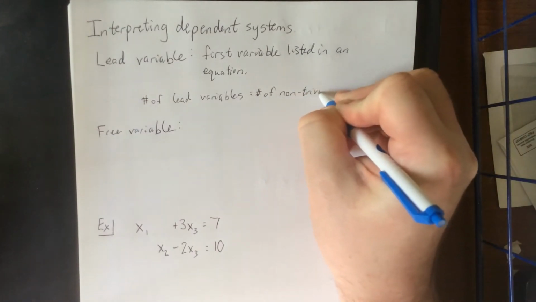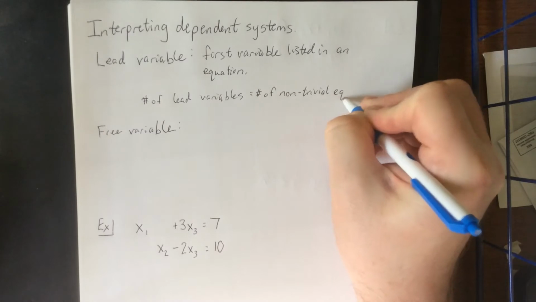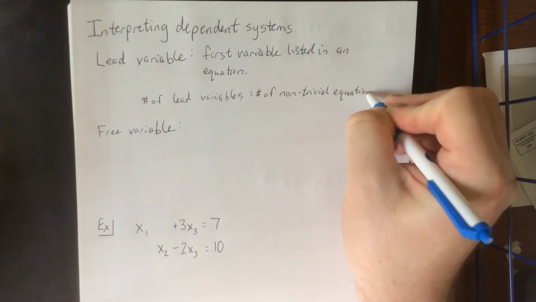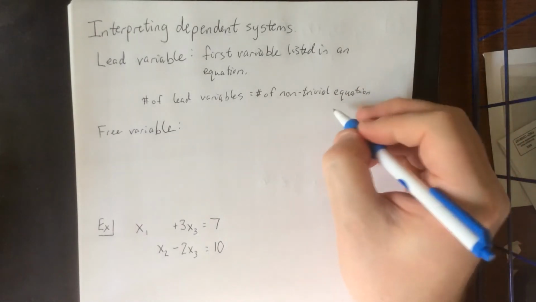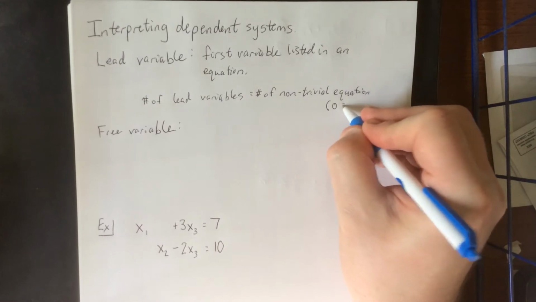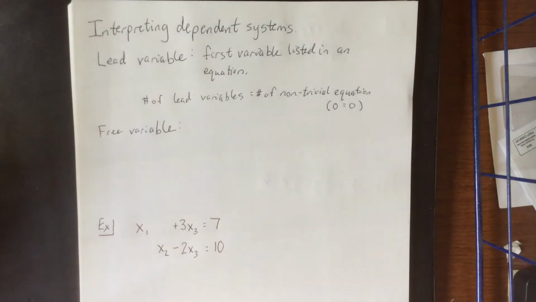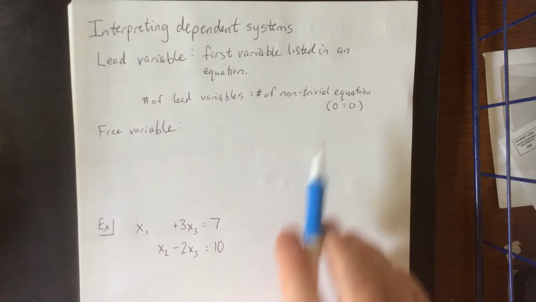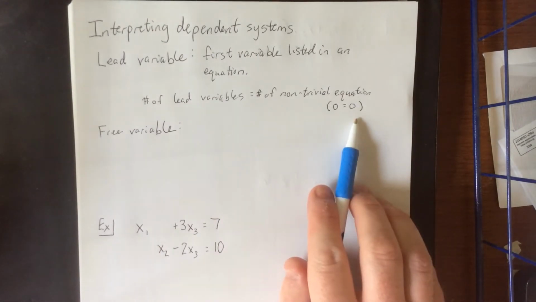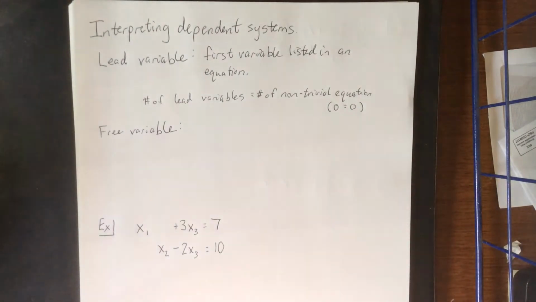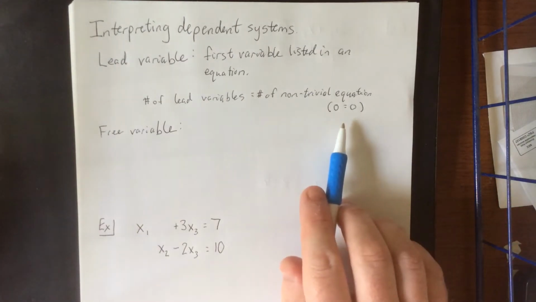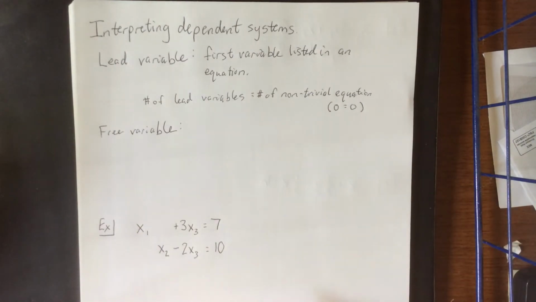By non-trivial equations, I mean, as you are going through the process of elimination, a trivial equation would be something that results in a 0 equals 0. Basically, a trivial equation happens when you have multiple equations that are all saying the same thing. We can wind up essentially canceling out those equations by turning them into 0 is equal to 0.